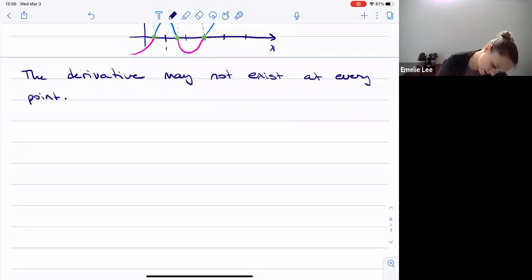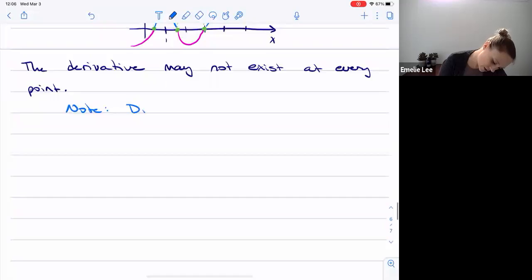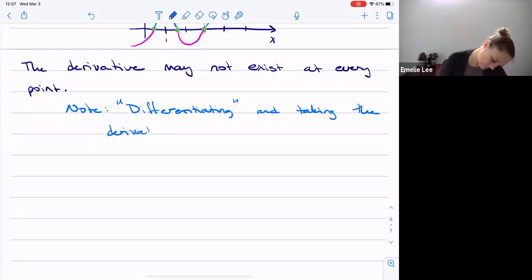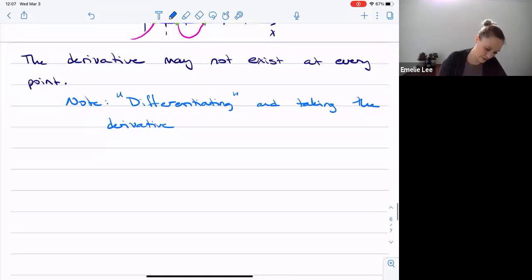I guess I should put it in a note: differentiating and taking the derivative mean the same thing.